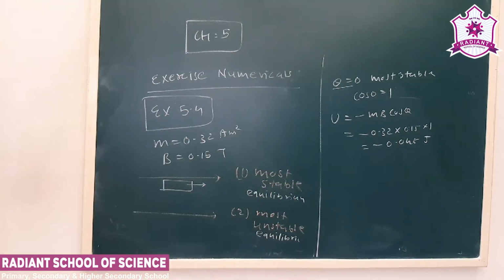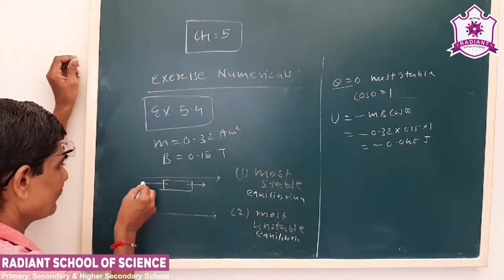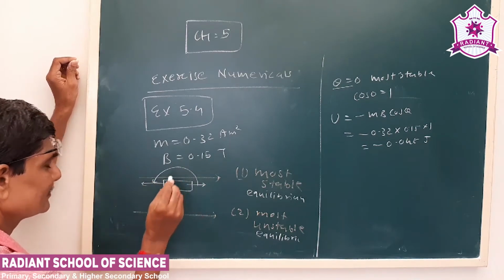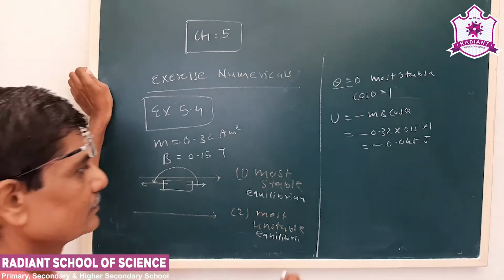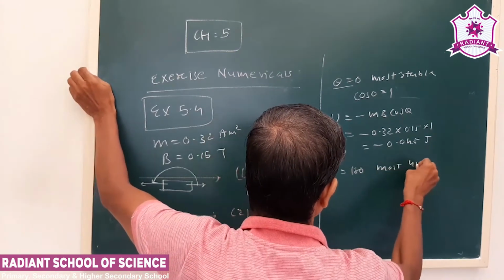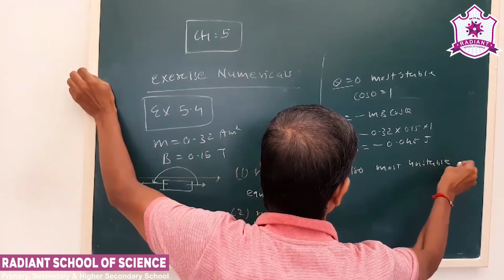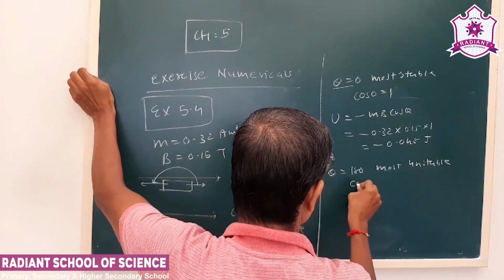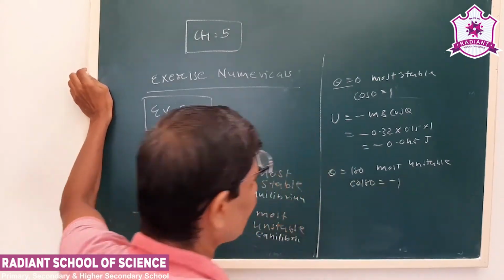Now when it is rotated by an angle of 180 degrees, that will be most unstable. Cos 180 is minus 1.